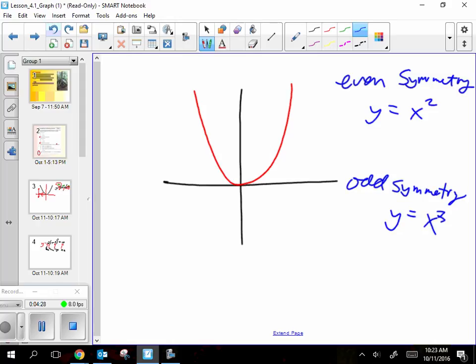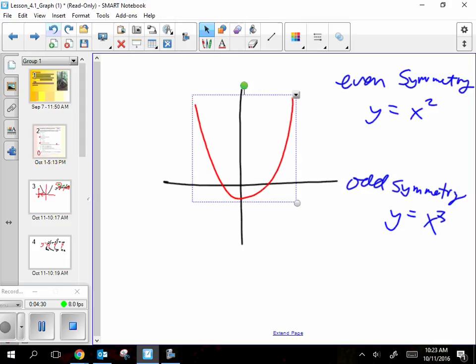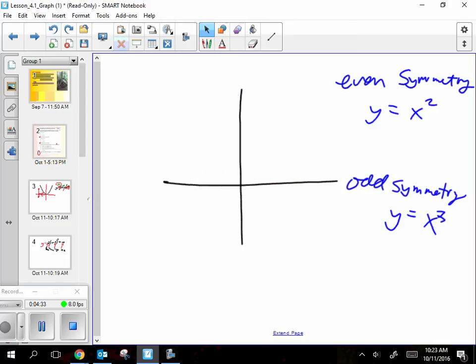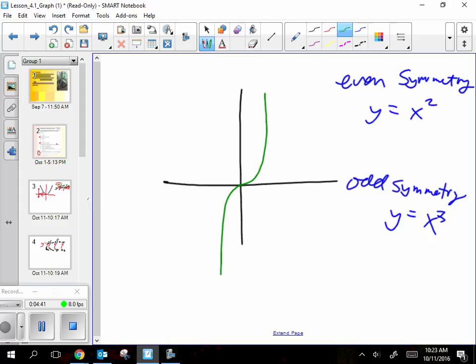And we saw that before, but we didn't call it odd symmetry. We called it a reflection across. Do you remember this? The origin. It was origin symmetry, yep. That kind is odd.